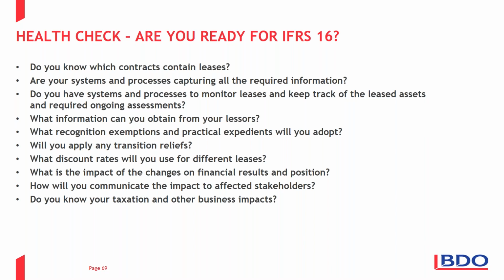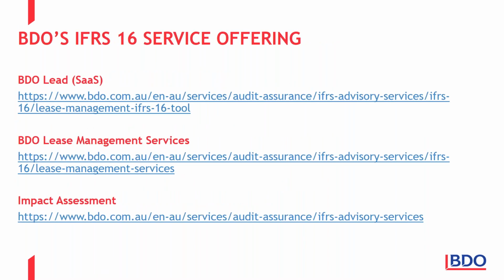And what information can you obtain from the lessors? Have you considered a transitional approach? Have you considered recognition exemptions? Have you considered practical expedients? Have you decided on discount rates to be used? Have you assessed the impact of the changes on your financial results and financial position? How will you communicate this to your stakeholders? And have you considered tax and other business impacts? I mean, so many issues around IFRS 16 to consider.